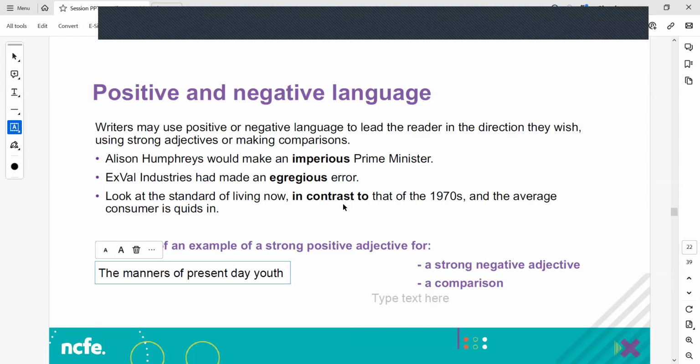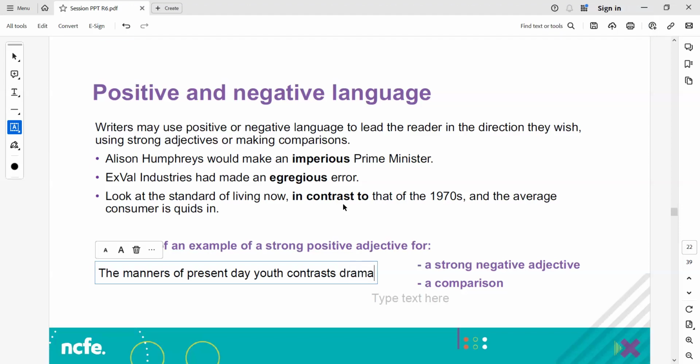"The manners of present day youth contrast dramatically with the manners of the youth in the past."